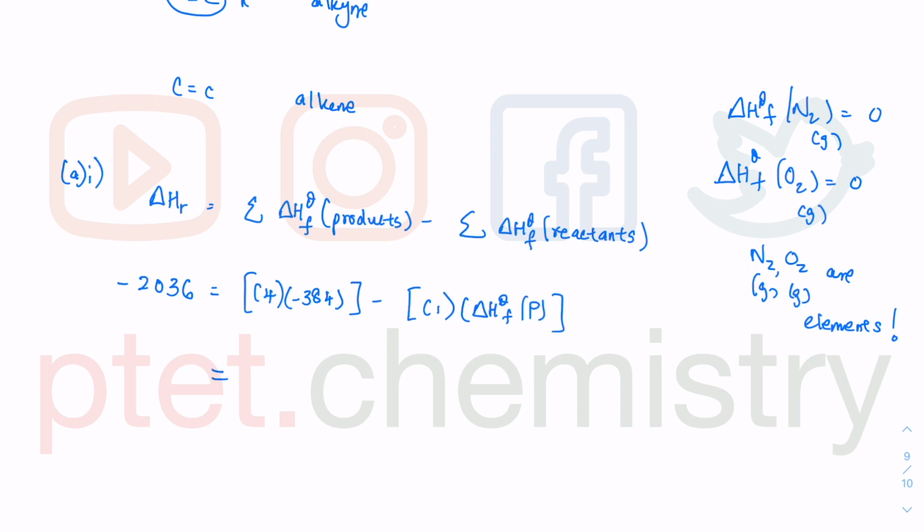Okay. So what we have then is you could evaluate it, or you could just move this value to this side, and then move the minus 2036 to the other side. You're going to get the enthalpy of formation of P. So that will give you minus 1536, which is from this, and then plus 2036.